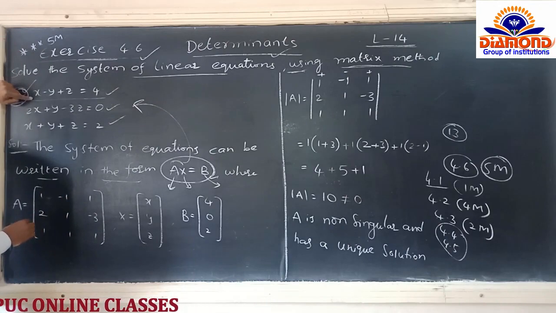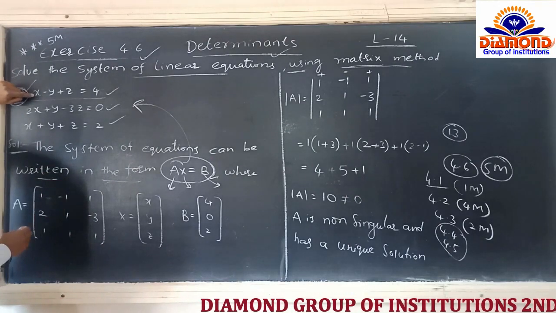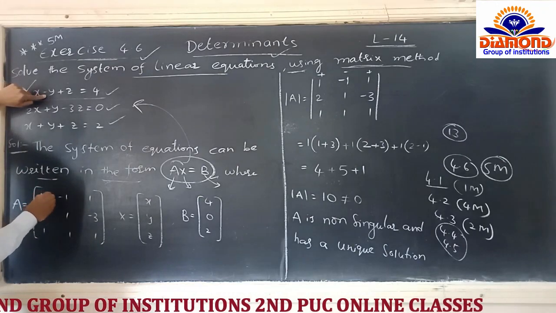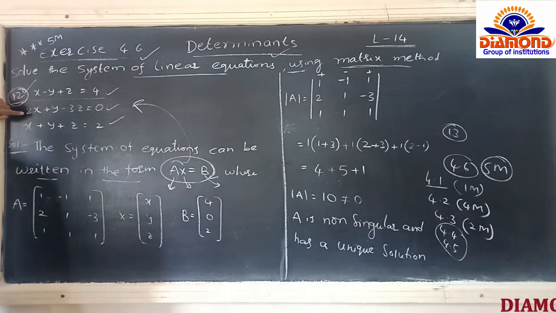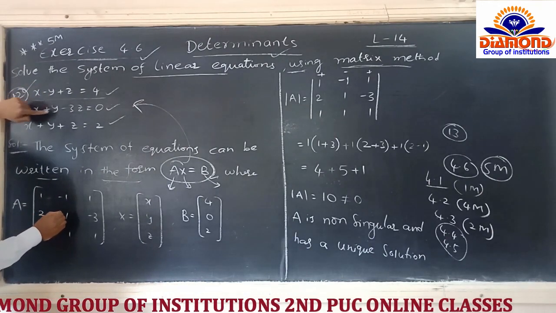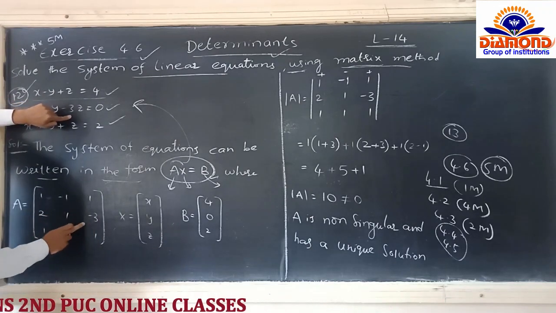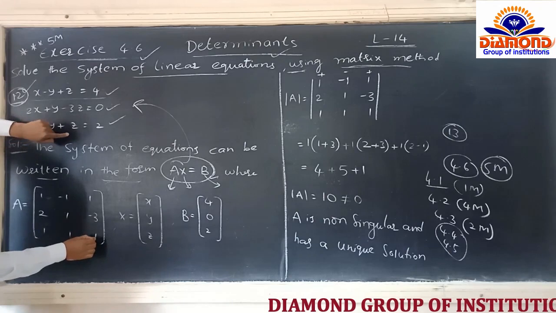From the first equation, the coefficient of x is 1, the coefficient of y is -1, and the coefficient of z is 1. From the second equation we write 2, 1, -3, and 4. From the third equation, 1, 1, 1.